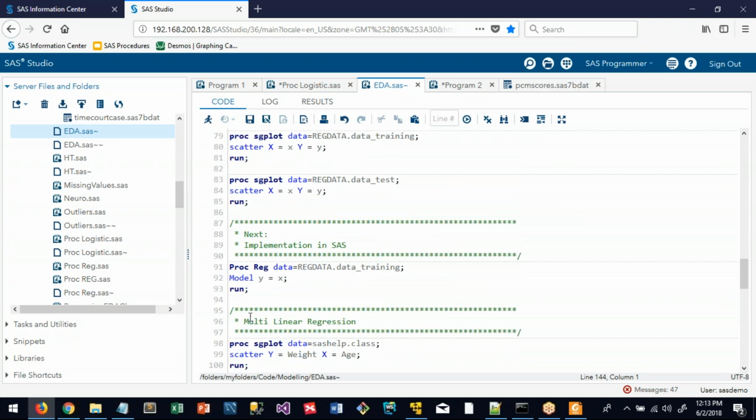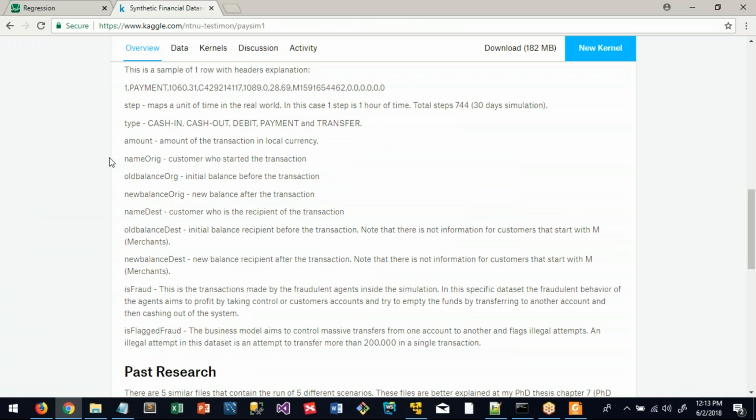What I would encourage you is to run this EDA on every single variable in the data set. Not proc reg, proc corr or proc logistic, because you know that these three procedures are run on a minimum of 2 variables.